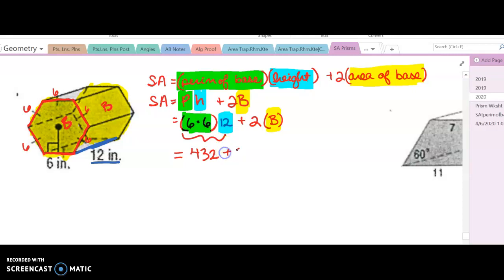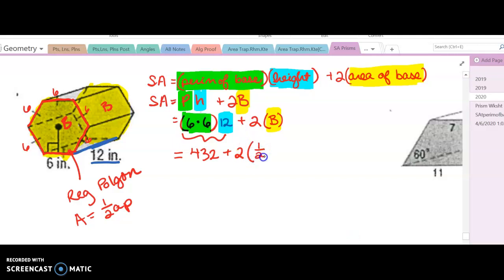Then for the area of the base, I have to think to myself, well, what shape is my base? In this case, it's a regular polygon. Because this is a regular polygon, that's how we know that we have to use 1/2 apothem times perimeter. You're going to have to look at your area formula sheet from the last chapter and see what formula you need.